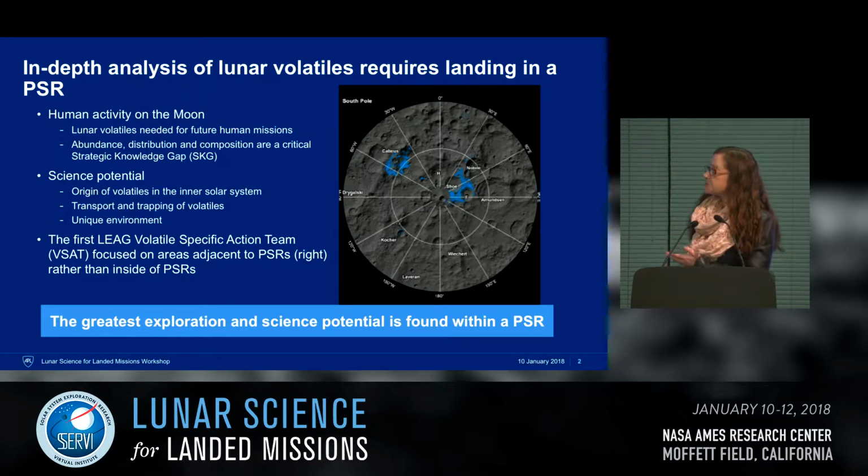But this is also true for volatiles, because the volatiles that are trapped in the poles could be a record of the history of volatiles in the inner solar system, at least as long as they have been trapped, depending on the stability of the poles of the moon, of the orientation of the moon. So it's very important that we go into the PSRs and we study the volatiles and their composition so that we can understand their origins.